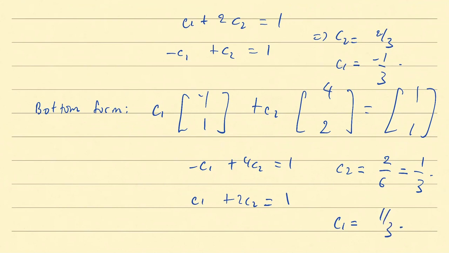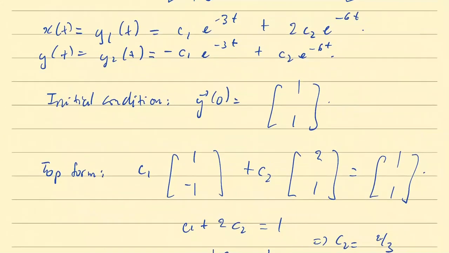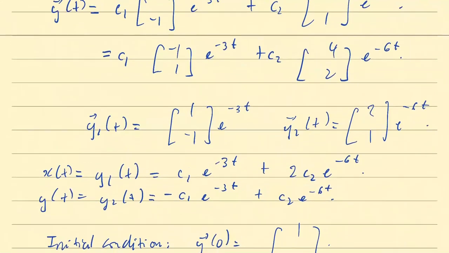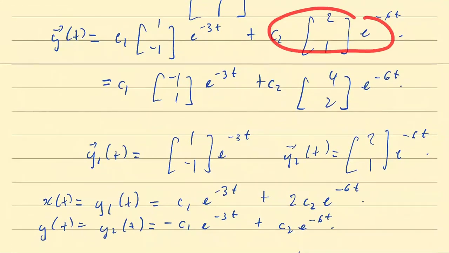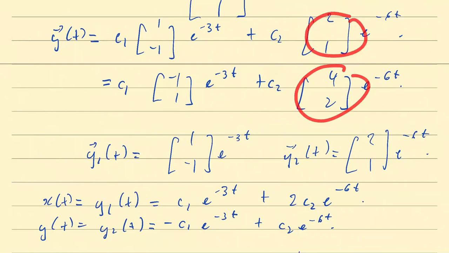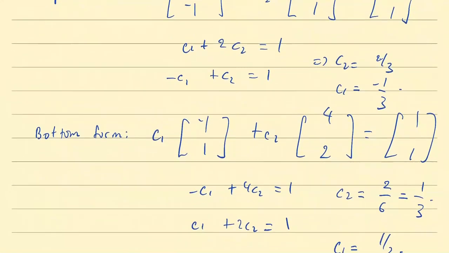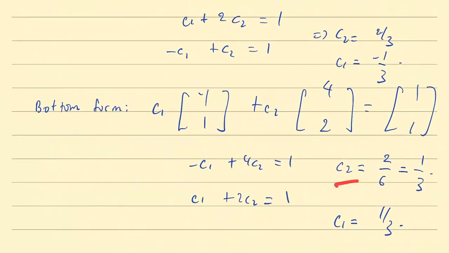But you see, it makes perfect sense, because this eigenvector is double. Sorry, this is the double of this. So the C2 solution in the second form is half of the first form to make up for it.